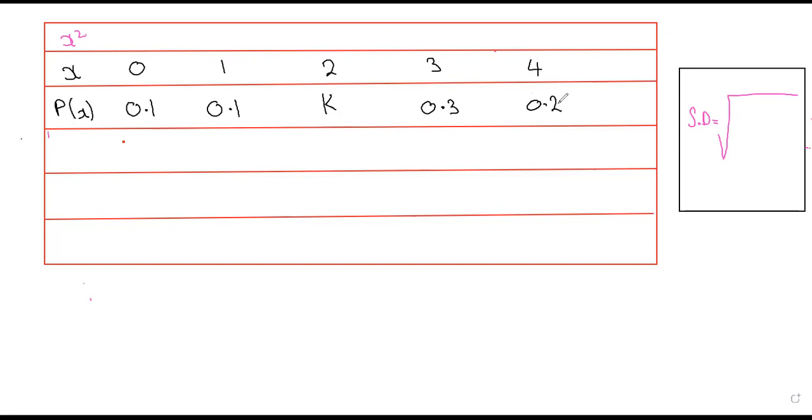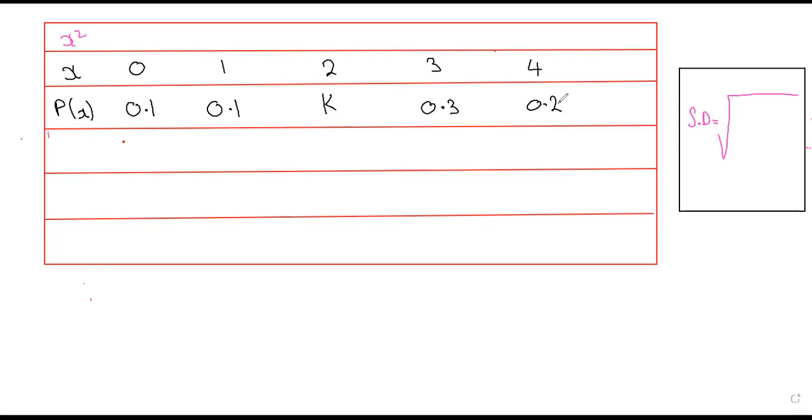Okay, now I'm pretty sure you all know what probability is because we study probability in O-level maths as well. Probability is just a chance of getting something. So the chance of getting 0 is 0.1, the chance of getting 1 is 0.1, chance of getting 2 is K, chance of getting 3 is 0.3, chance of getting 4 is 0.2.